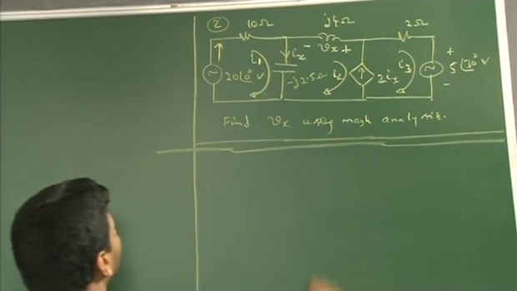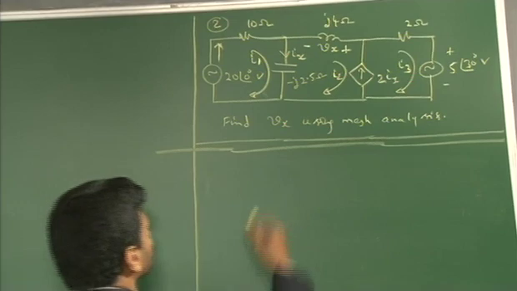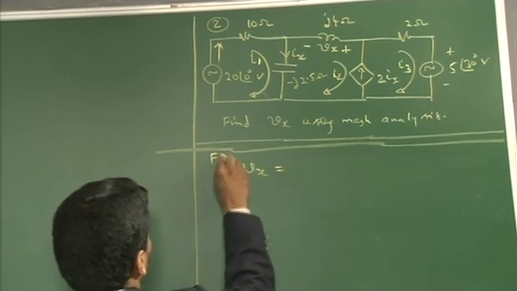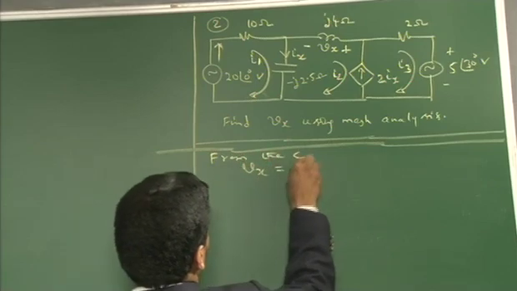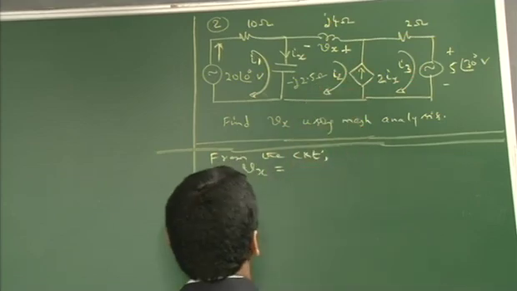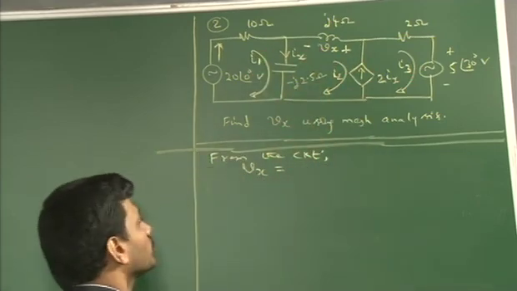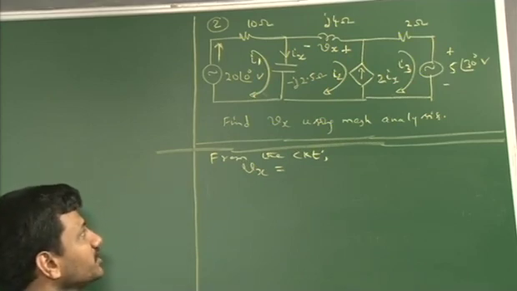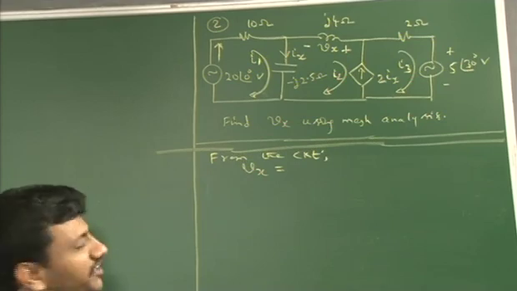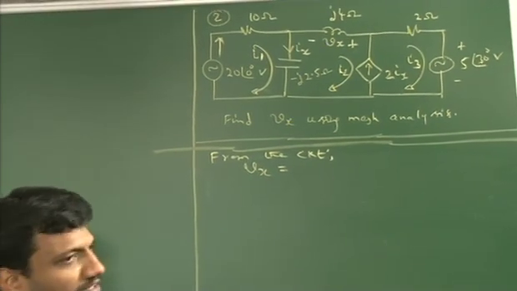Now, what we want, that we should first identify, we want Vx, and Vx is given from the circuit as, positive polarity has been identified here. So, current I2 flows in this direction. Always, as I have told, if you want to find the voltage drop across any passive circuit element, you have to consider the current which enters the positive polarity multiplied by the impedance of that passive circuit element.